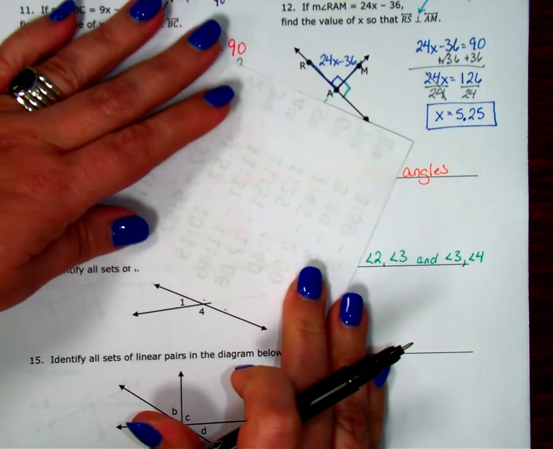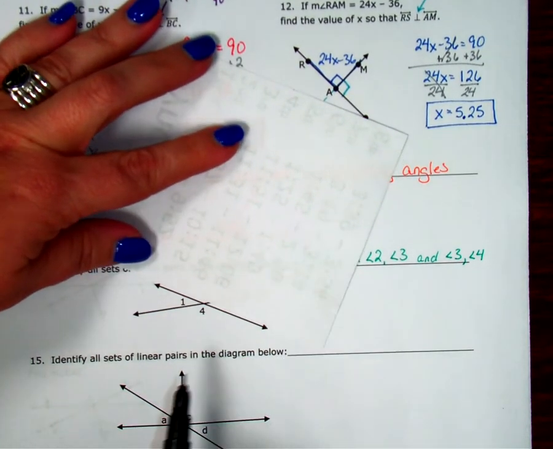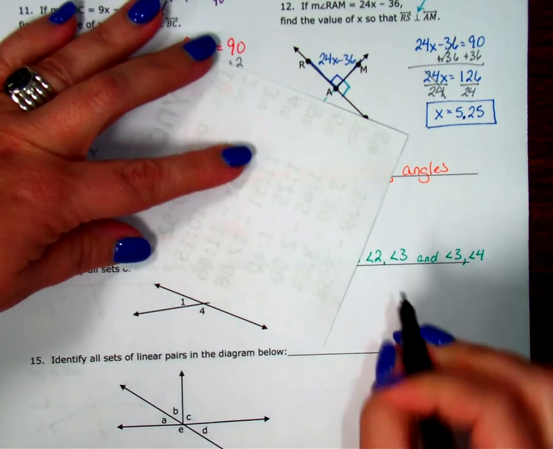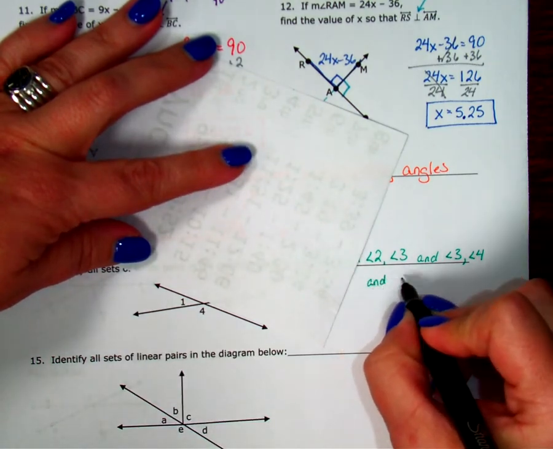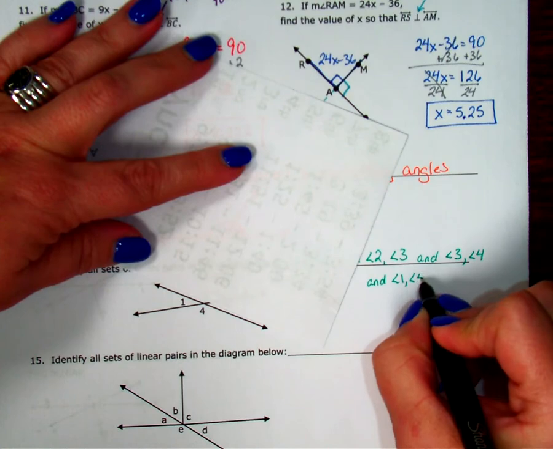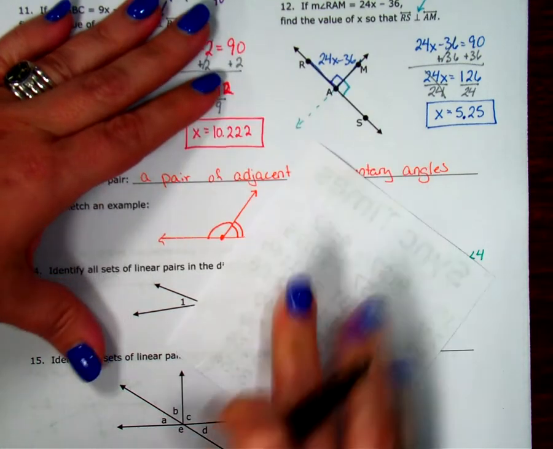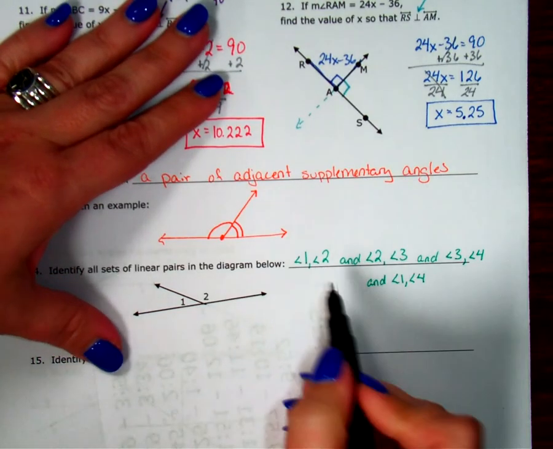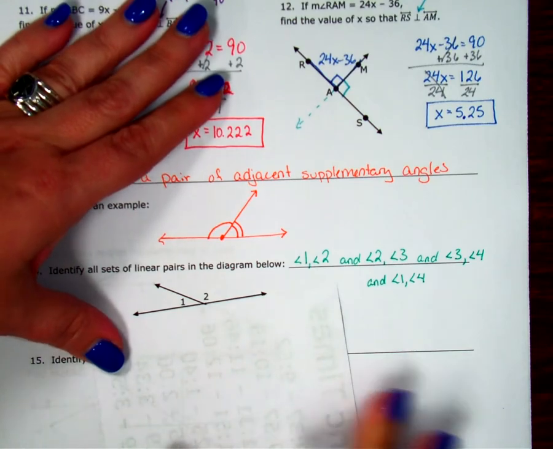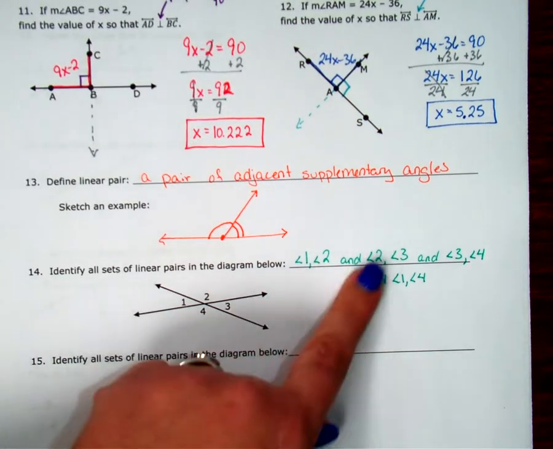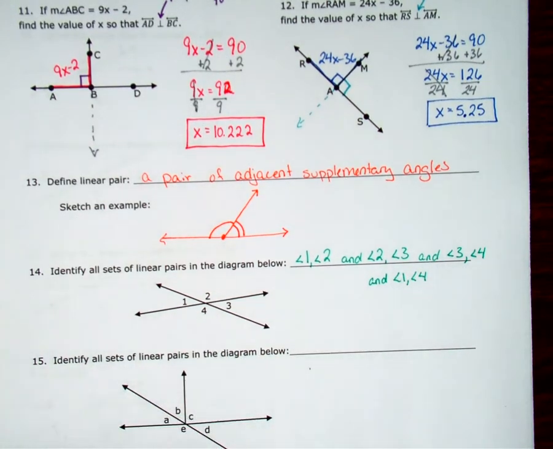And lastly, I could also say angle 1 and angle 4, make a line. And then if I just rotate one more time, then I'm back to angle 1 and angle 2. So when two lines intersect, you really have four pairs of linear pairs, if that makes sense.